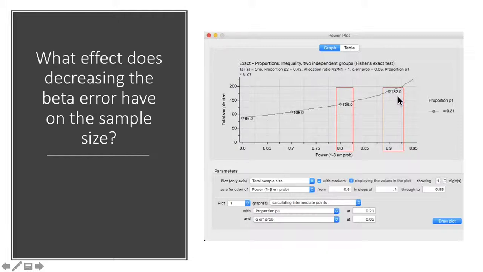They went with 200, so they were probably allowing for some attrition in there. I used a slightly different program to calculate that. Now, to have 80% power, they could have gotten away with 136 subjects total between the two groups. So the answer is decreasing the beta error increases the sample size requirements.